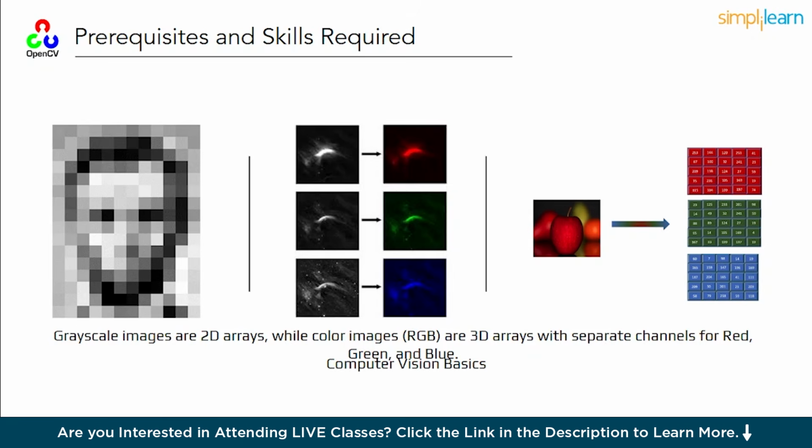A grayscale image is a 2D array and an RGB image is a 3D array. When I say 3D array, the third dimension of that array typically suggests one color channel. Like we have the red channel, green channel, and the blue channel. Superimposing all those three channels together generates a new color.